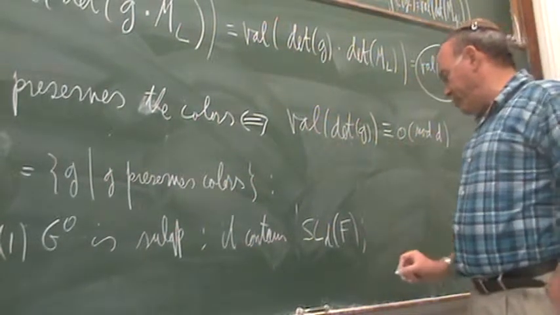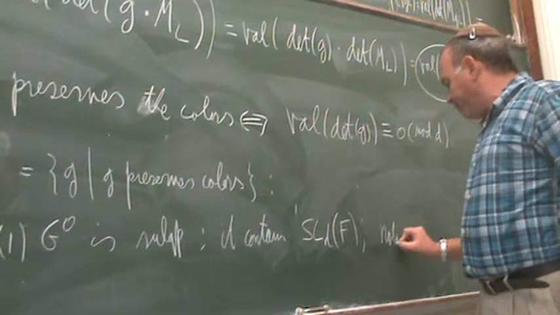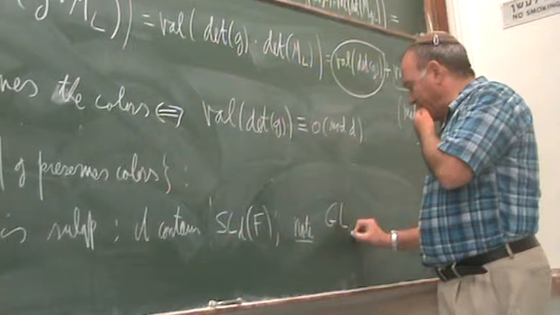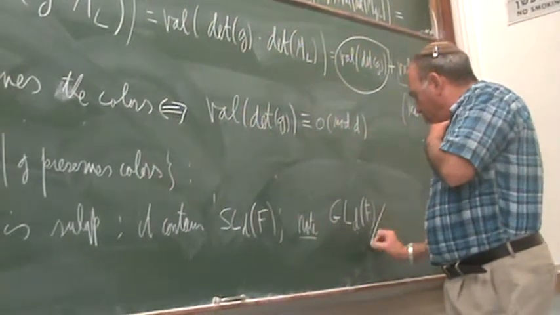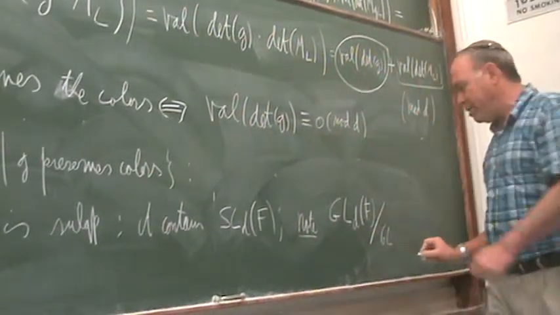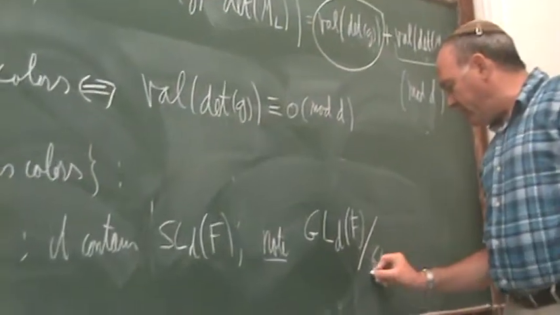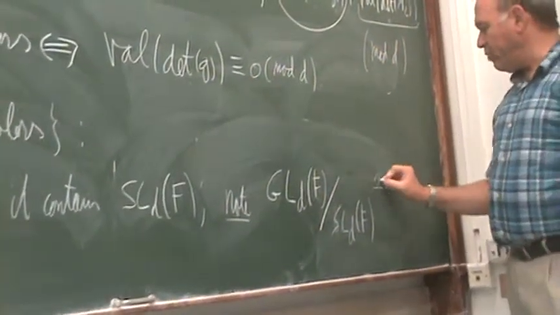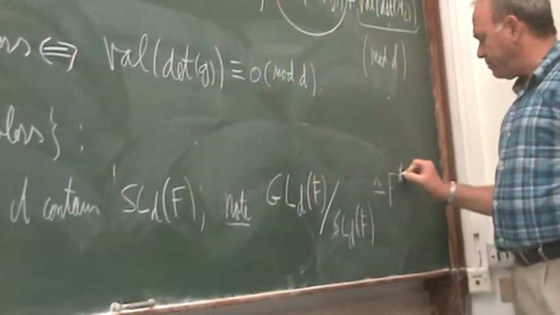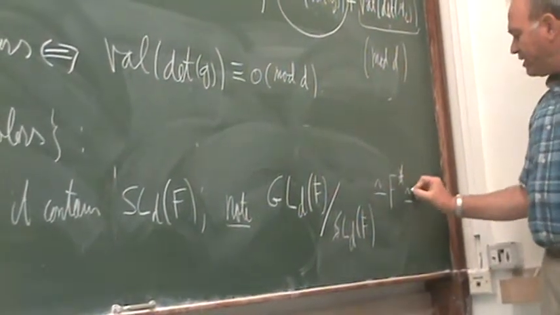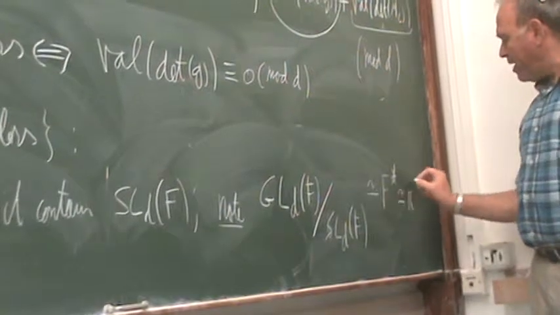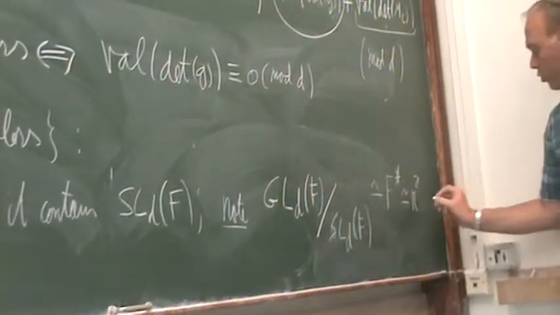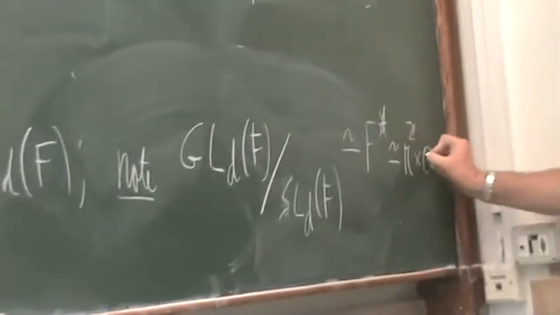And also, now note the quotient, GLD(F) over SLD(F), is isomorphic to F star. But we know that F star is isomorphic to pi to the Z cross O star.